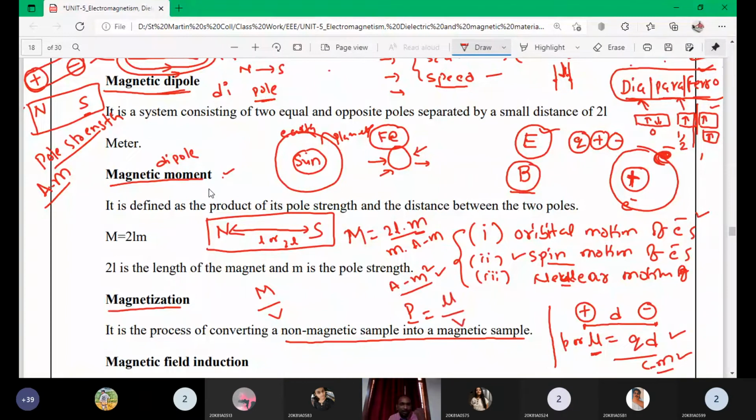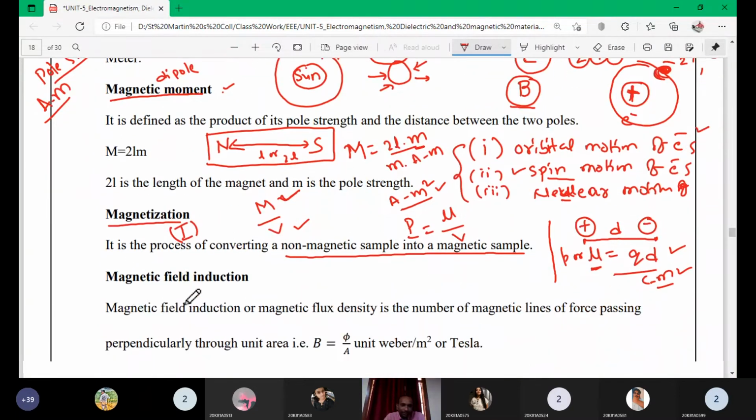Here magnetization you can write as I. Magnetic dipole moment per unit volume gives the magnetization. It tells how we are converting non-magnetic material into magnetic material. That is the definition.